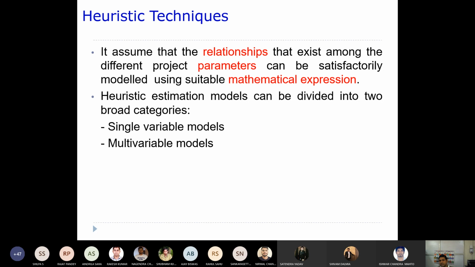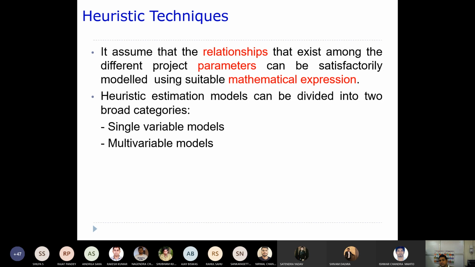Now these heuristic techniques assume that the project parameters that you have have some sort of relationship among themselves.